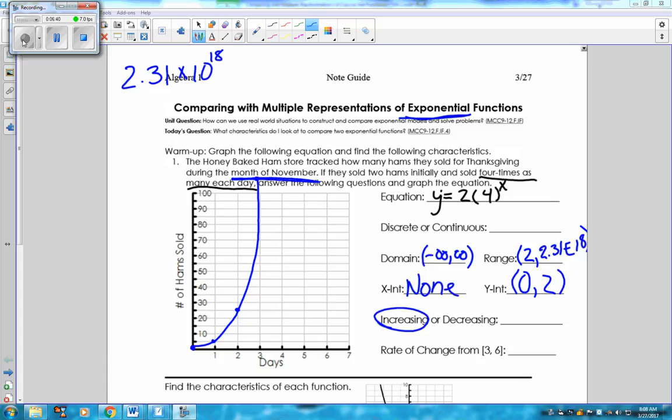See how it touches right here? It's not on 0. It's the initial start value that we had. How many hams did we sell to the beginning? 2. Our graph doesn't actually show the number 2, but we can say that 2 is almost really close to 0.